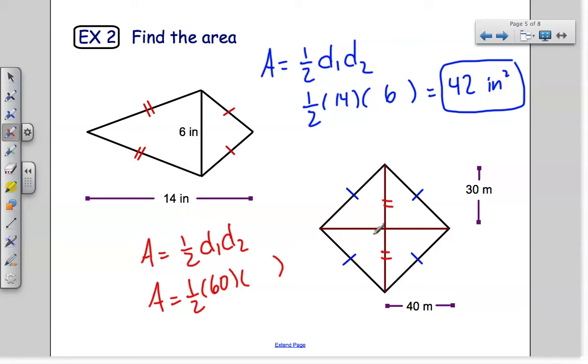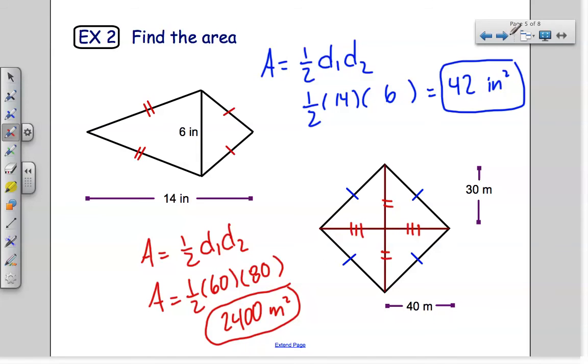For the second diagonal, if this much is 40, again, this is bisected, so 40 and 40. That whole diagonal is 80. And we're getting 2400. For an area, label would be units squared. Here we're talking meters squared.